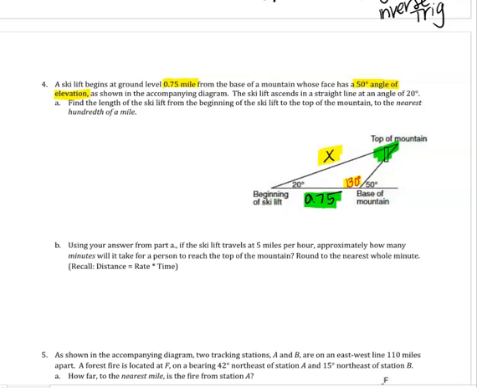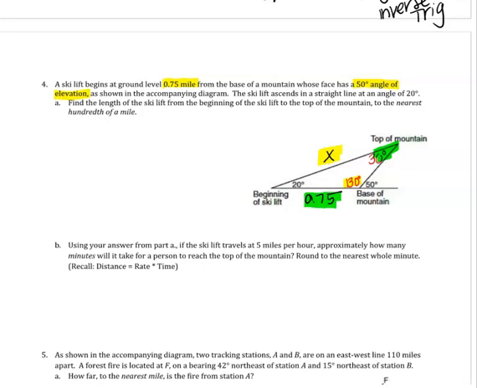But if there's 180 degrees in a triangle and I have 130 and 20, that's 150 degrees right there. So that means this angle must be 30, right? 30 plus 20 is 50, plus 130 is 180 degrees. Okay, so I've successfully filled out the rest of the angles.